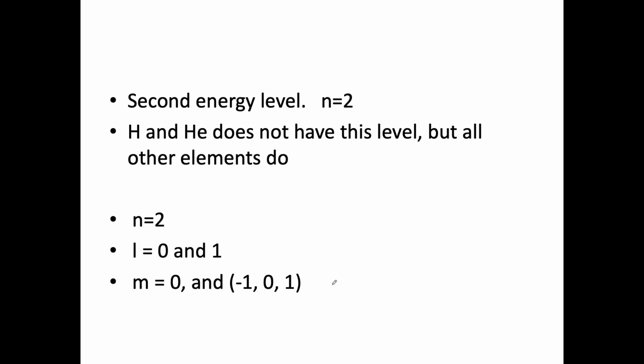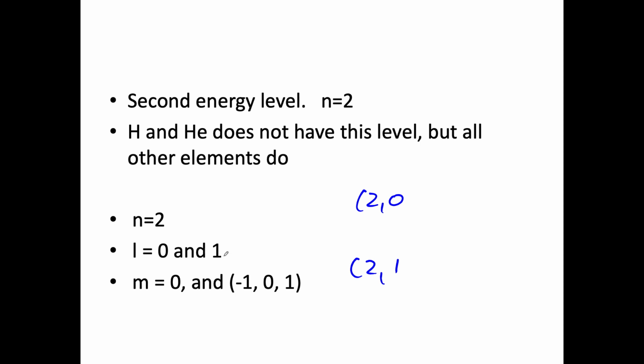So let's look at n equal to 2. All the elements have this energy level except for hydrogen and helium. So n is equal to 2, and there are 2 possible l numbers, 0 and 1. So you can have 2, 0 or 2, 1, but that's it. You can't have 2, 2.